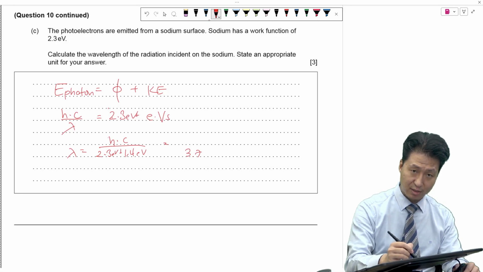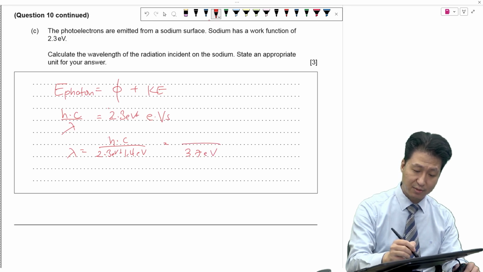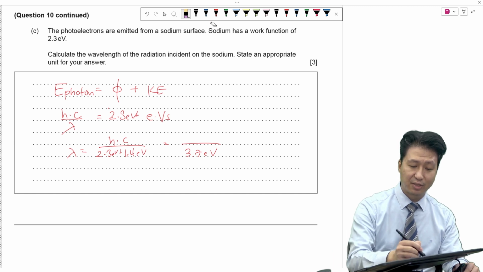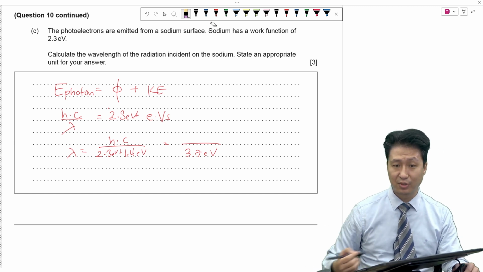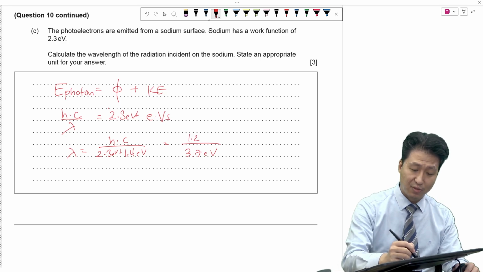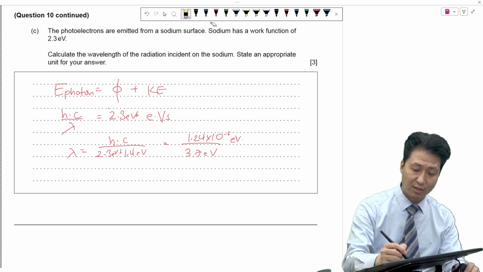3.7 electron volts here. Now, you don't have to calculate the Planck constant times the speed of light and convert to electron volts. You have this value in the physics booklet. It would be 1.24 times 10 to the negative 6 electron volts meters.